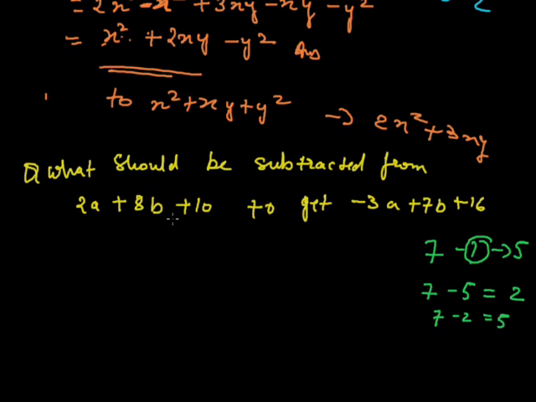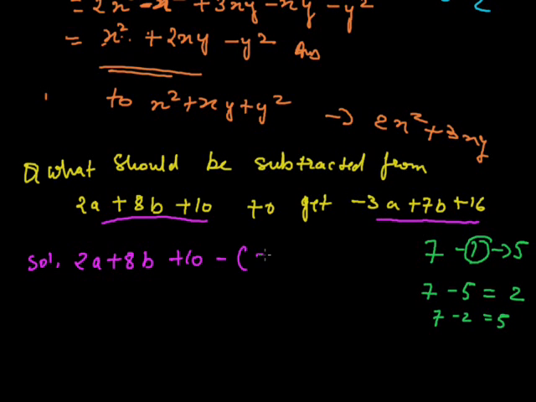That is, at the place of 7 it is written 2a plus 8b plus 10, and at the place of 2 it is written minus 3a plus 7b plus 16. So we have to subtract minus 3a plus 7b plus 16 from 2a plus 8b plus 10.